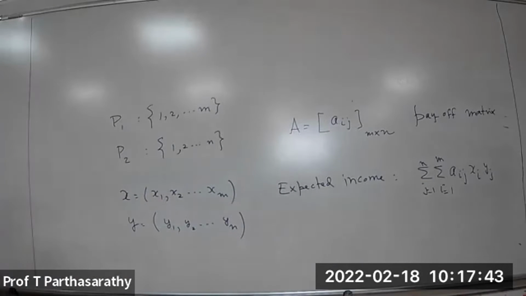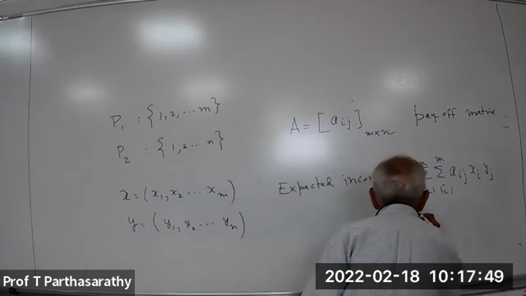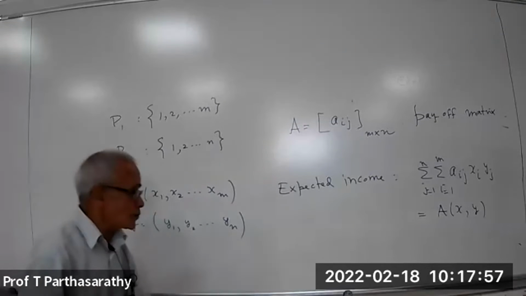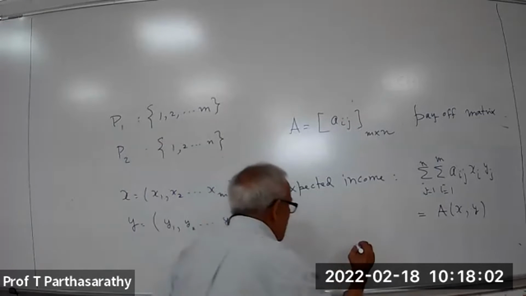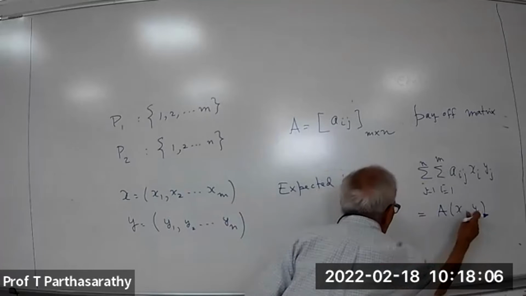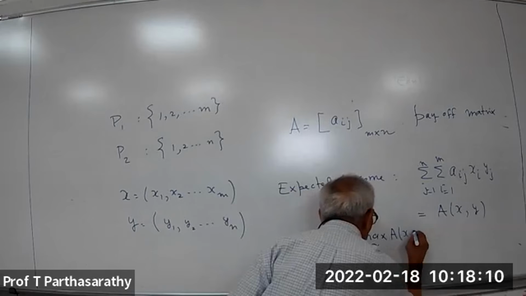If player 1 plays x, player 2 plays y, let me denote this expression as A(x,y), corresponding to the mixed strategy x comma y played by the two players. Player 1 wants to maximize this. Suppose he knows player 2 is playing y, then he will choose that x which will give him the maximum.